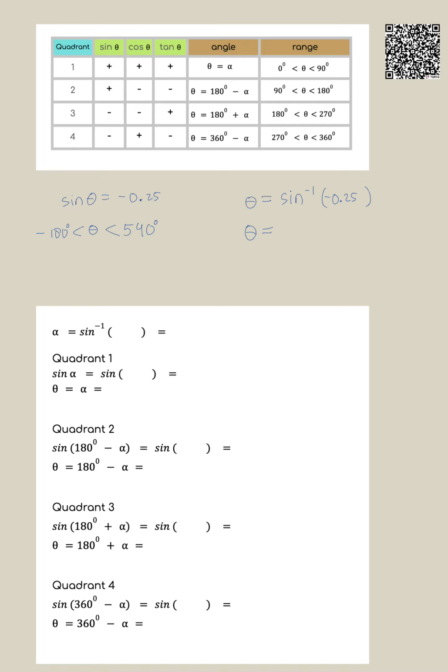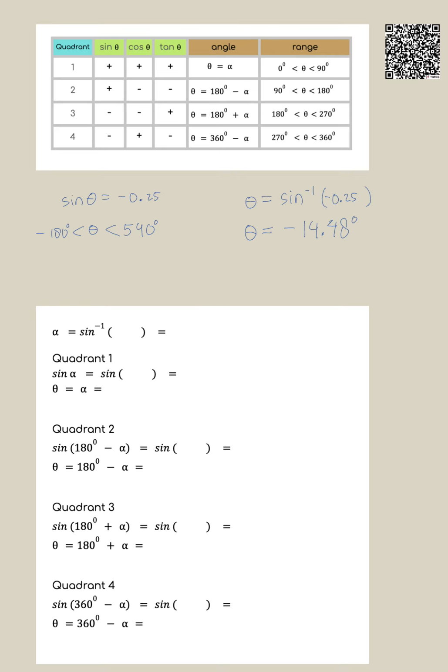And to get that, we can simply use the calculator. Inverse sine of negative 0.25. Then if you do that, you're going to get theta is equal to negative 14.48 degrees for 2 decimal places.